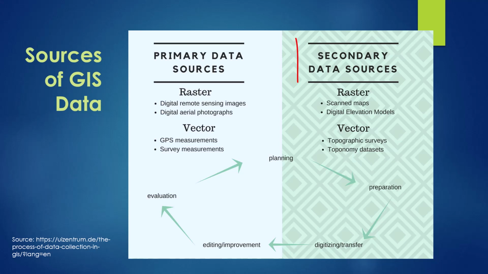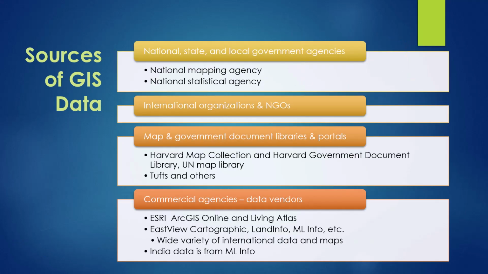Now, secondary sources of GIS data include existing datasets that have been collected for other purposes but can be repurposed for GIS applications. These sources include government agencies such as national mapping organizations or statistical offices, which can often provide a wide range of spatial data, including administrative boundaries, demographic information, land use, and infrastructure data.